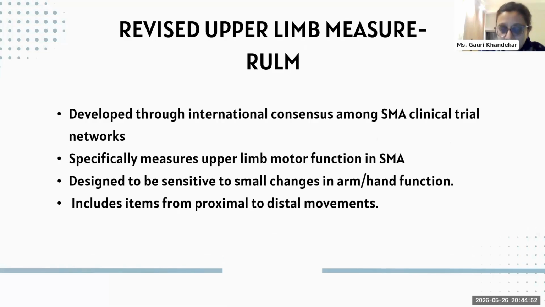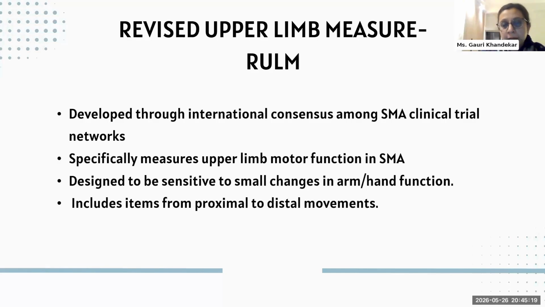This is the upper limb test, called the RULM, the Revised Upper Limb Module. It is again very sensitive for SMA and widely used in clinical trials. It specifically measures upper limb function, and it is very sensitive to small changes in arm and hand function. It has items from the shoulder to the elbow to the fingers, including proximal to distal movements.